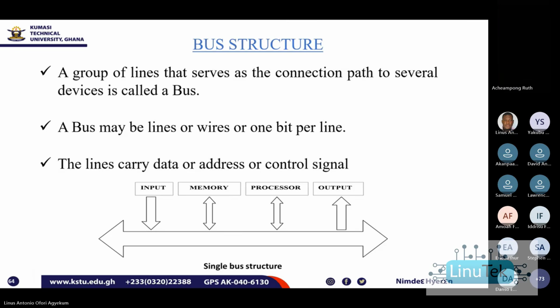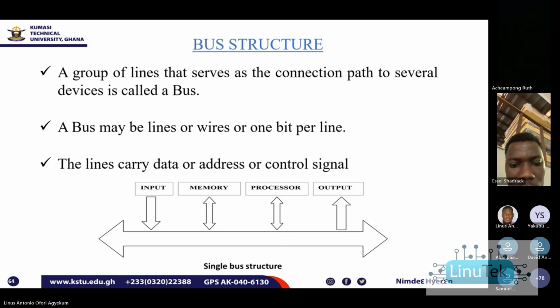These are all routes that enable movement to KSTU. Similarly, within a computer system, the various connection paths to the several devices within the computer is what we term as what? A bus. Okay.